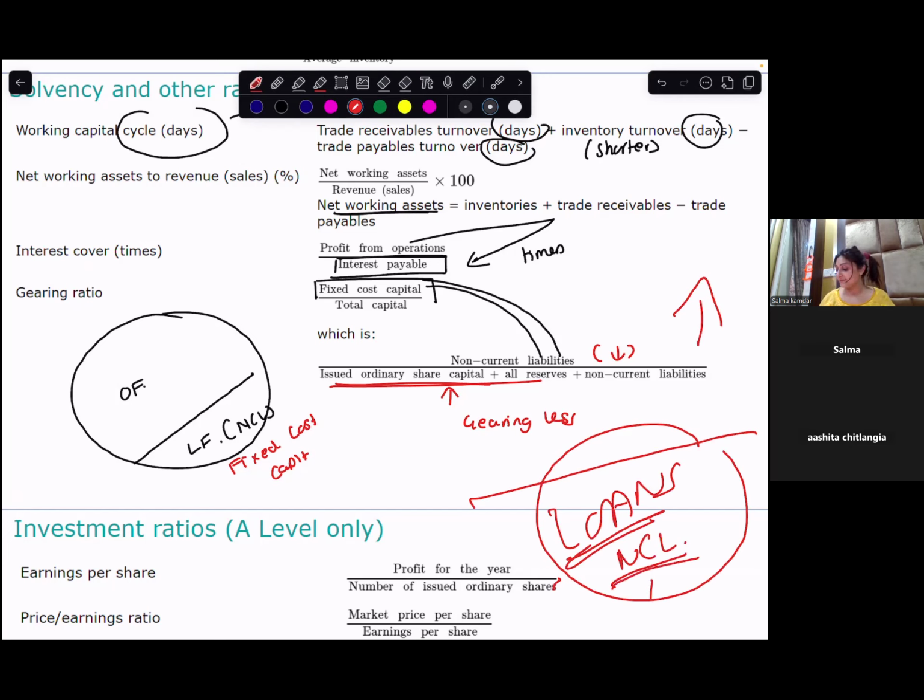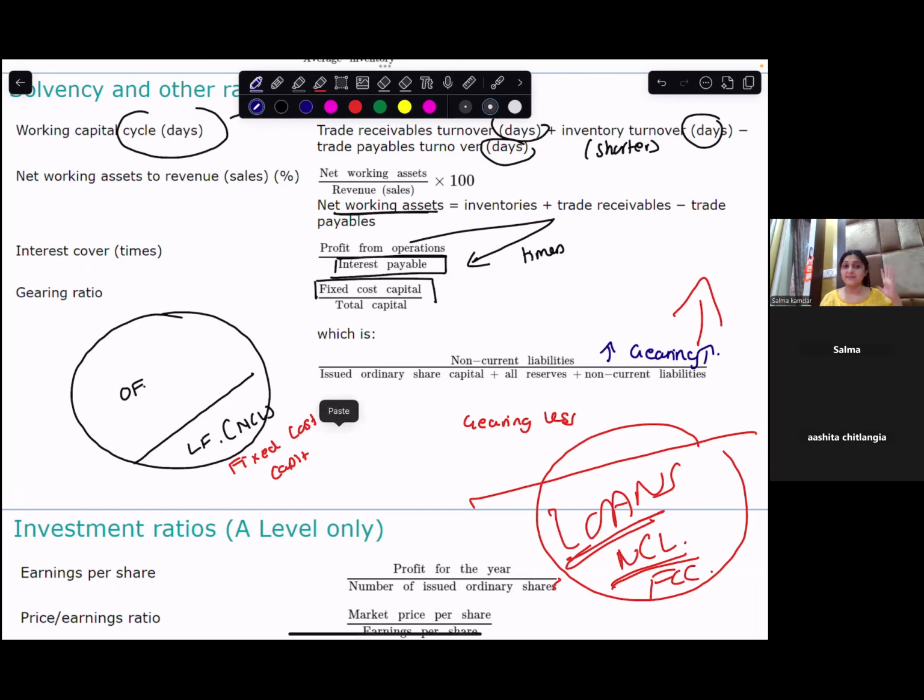Fixed cost capital. So if your fixed cost capital, your loans or your non-current liability is more, your numerator will be more. If your numerator is more, your gearing is more. That means the people who have given you loan are just surrounding you. So you are at a risky business.